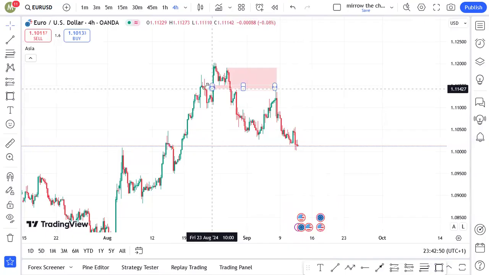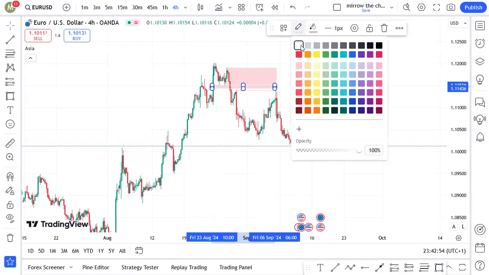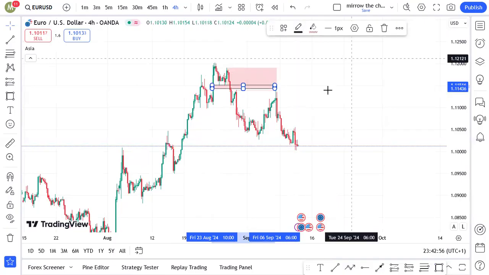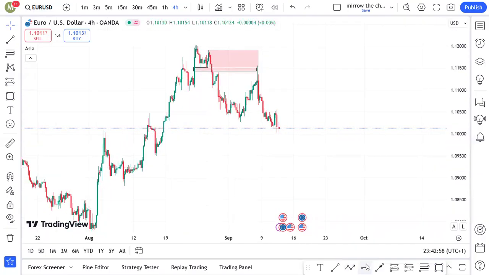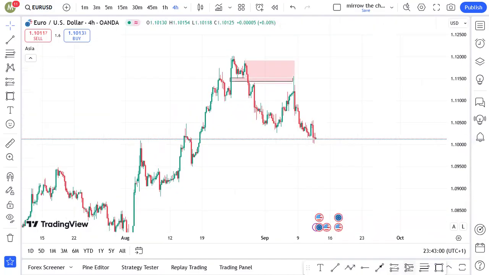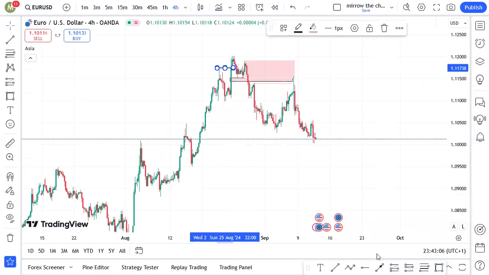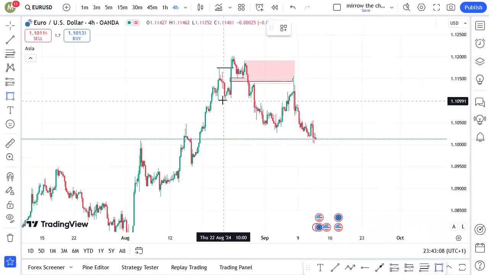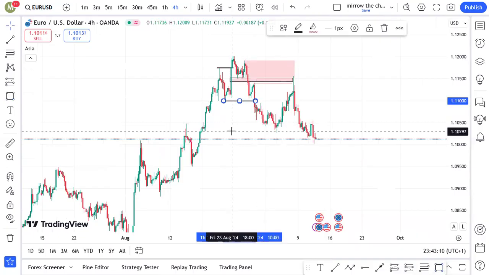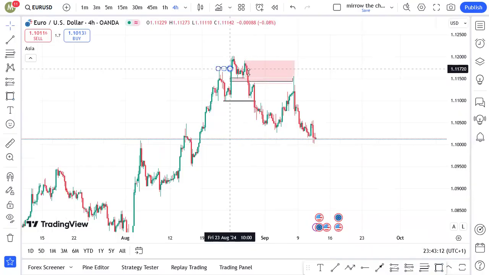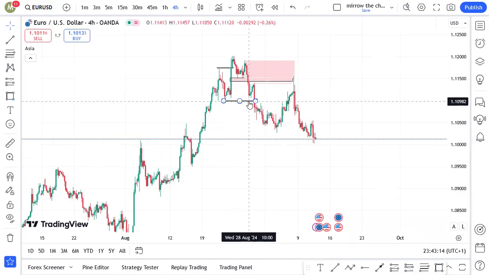All these things qualify this to be a valid range. You must put all these things inside the range that you want to work with: fair value gap, order block. All these things are liquidities.